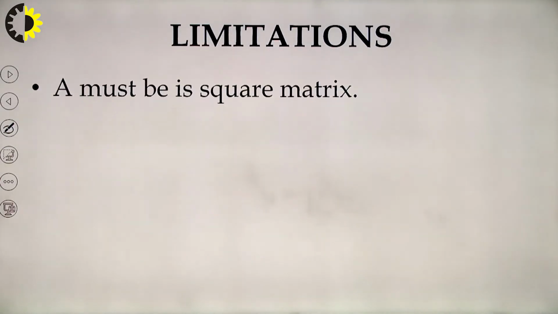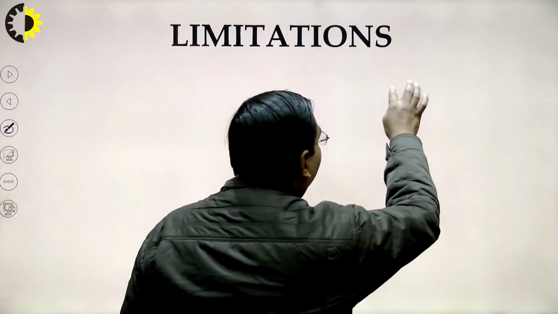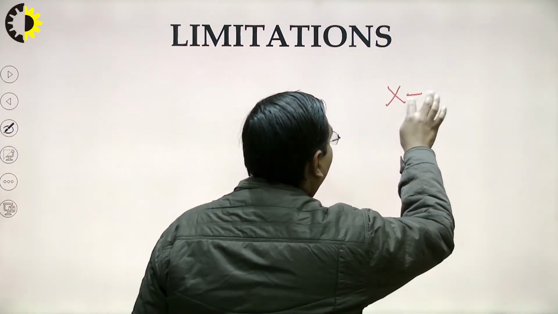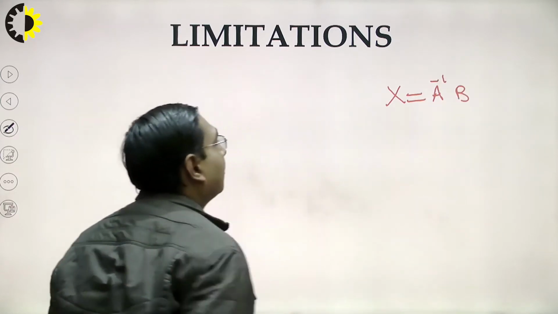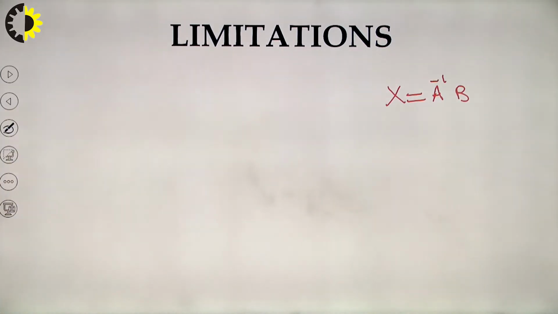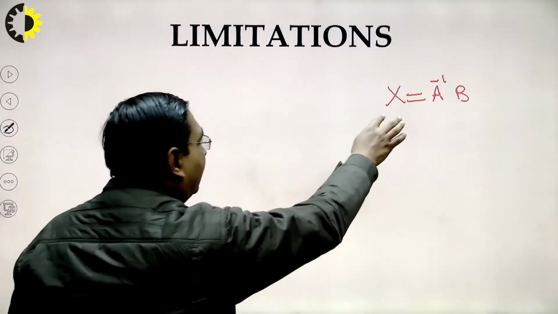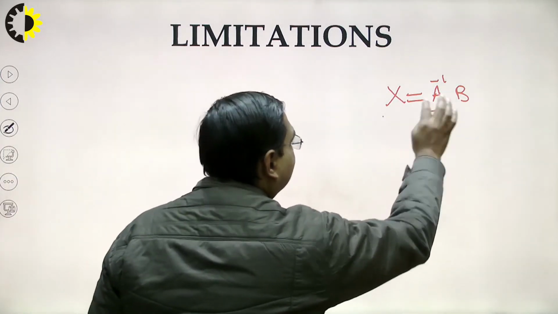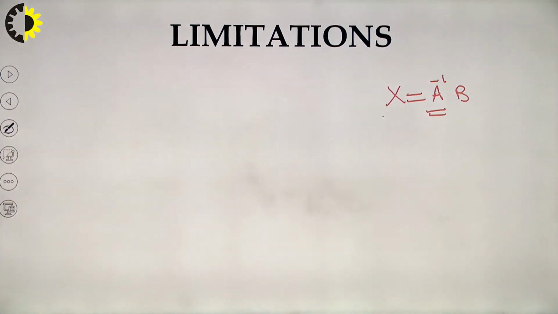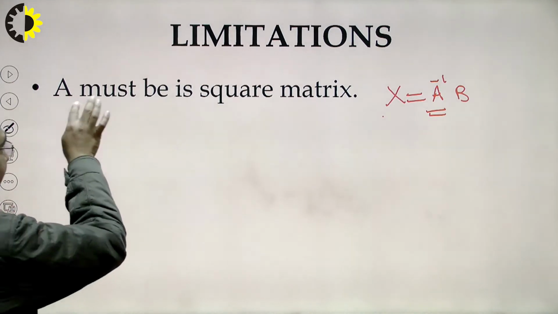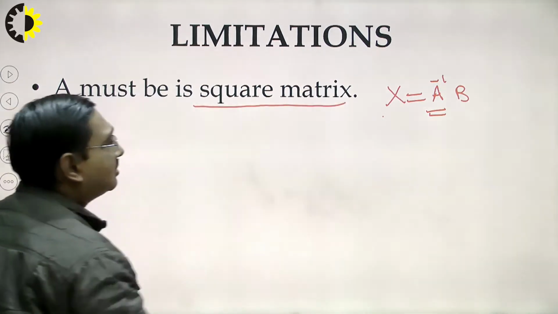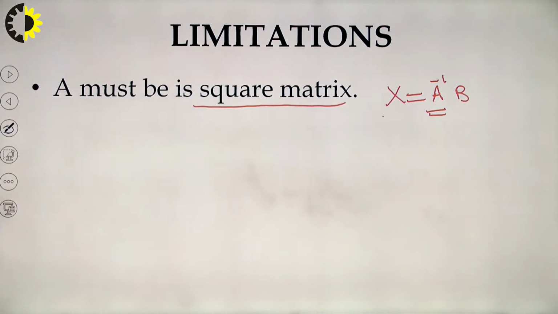What are these limitations? We have seen that x equals A inverse b. To calculate x, this A inverse must be there. It means the matrix A must be invertible, and therefore it is necessary that A is a square matrix, because the inverse of a rectangular matrix does not exist.